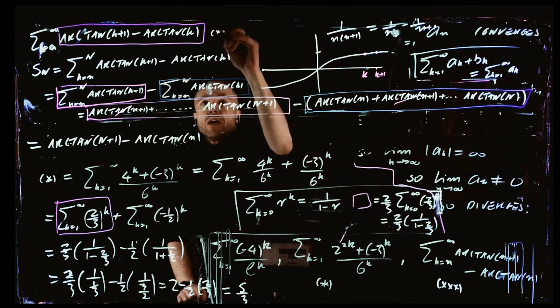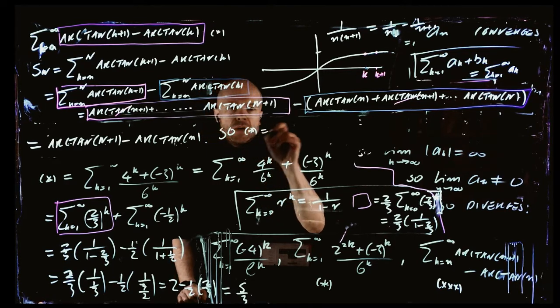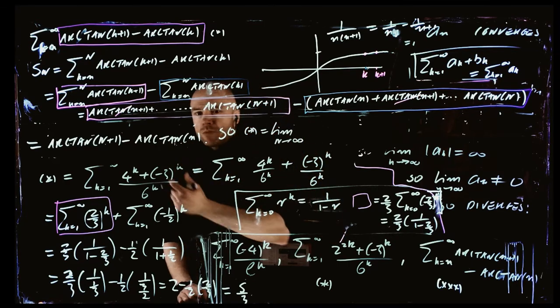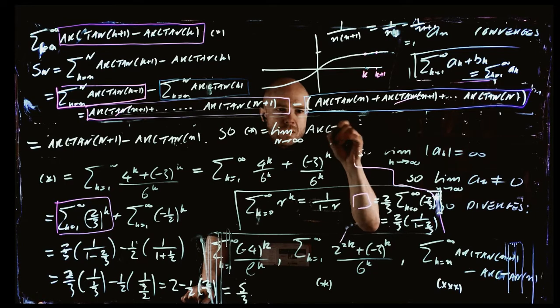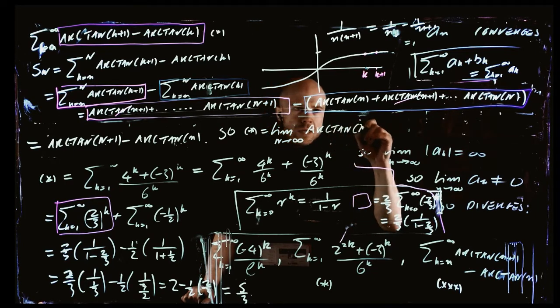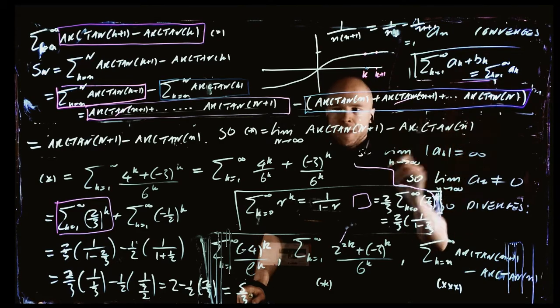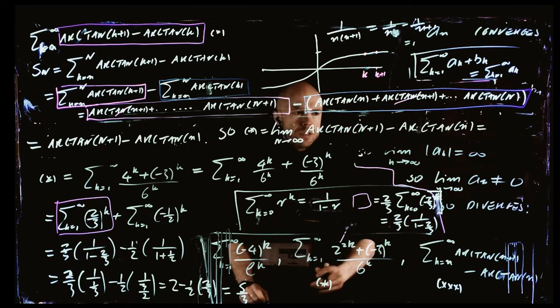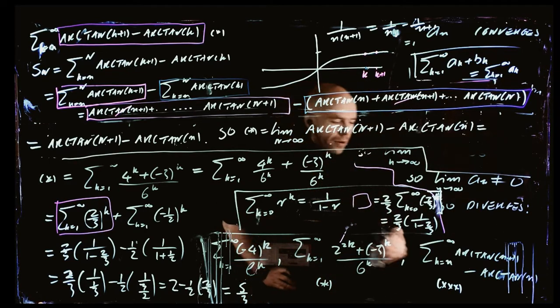Call this thing star. So star equals the limit as capital N goes to infinity of this expression, arctan of n plus 1 minus arctan of little n. And what's this expression? What's the limit here? Not quite.